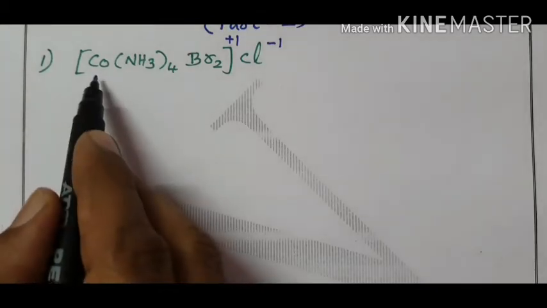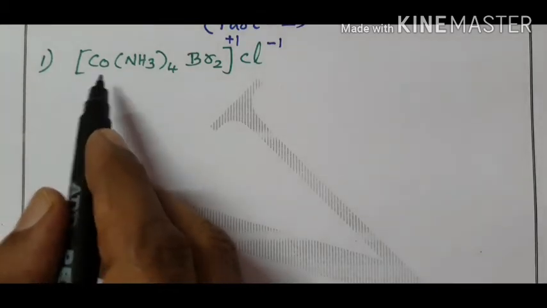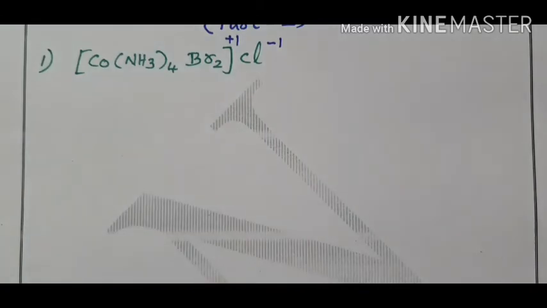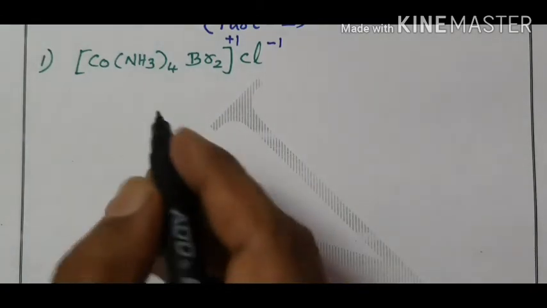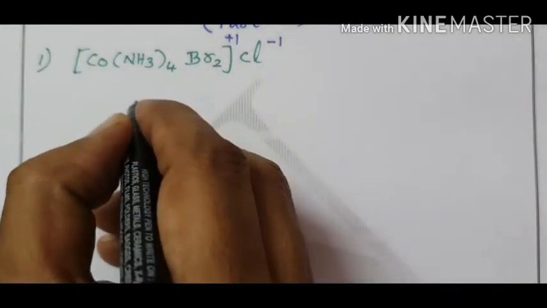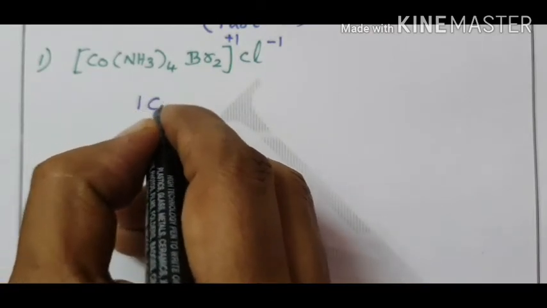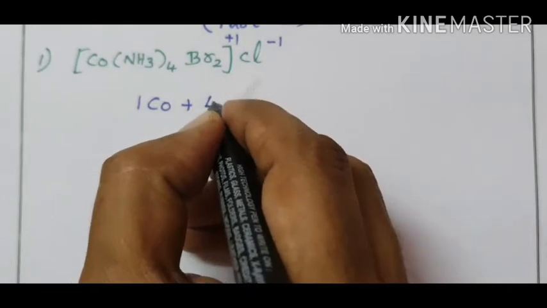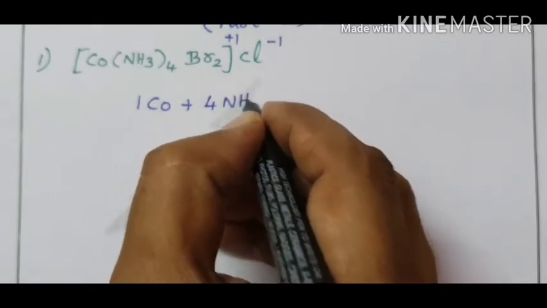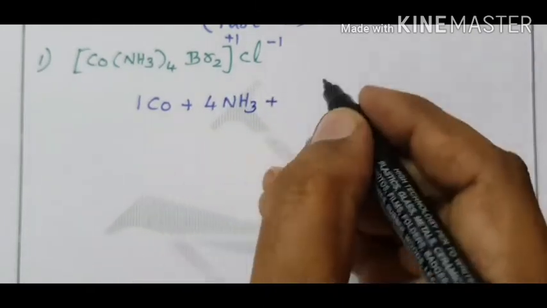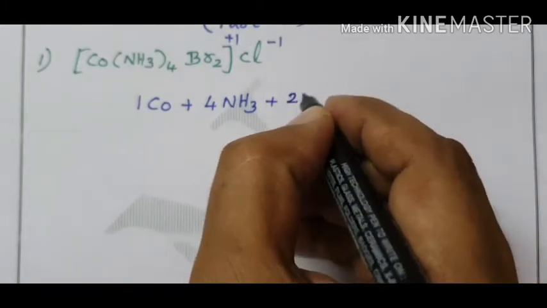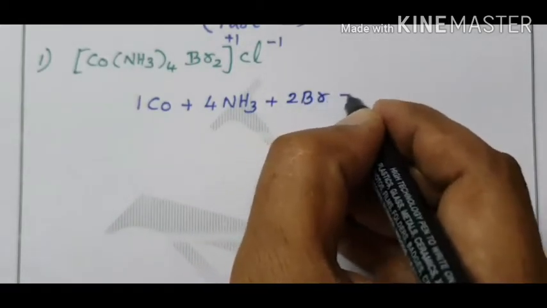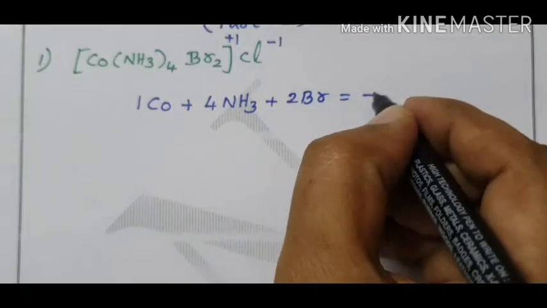Now separate the central metal ion and the ligands with a plus sign. 1 cobalt plus how many amine? 4 amine, NH3, plus how many Br? 2 Br equal to the charge on the complex, +1.